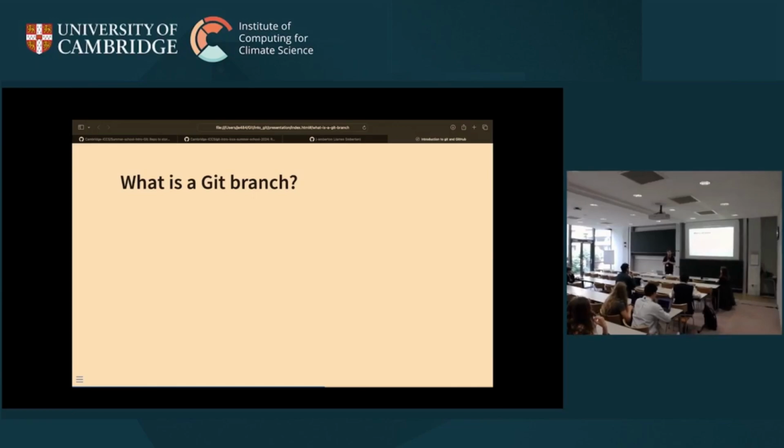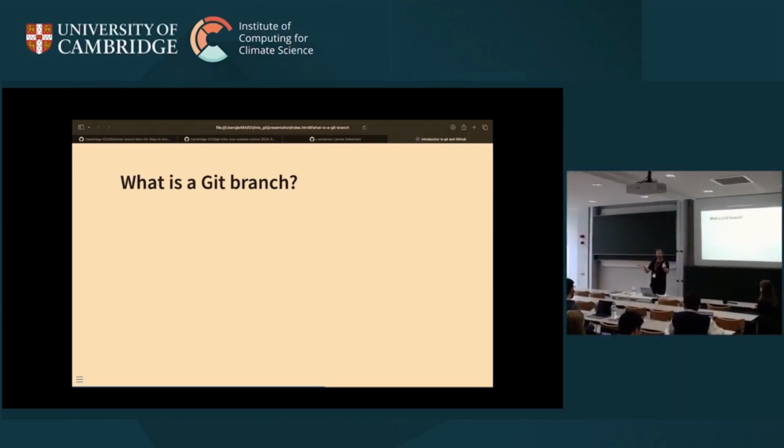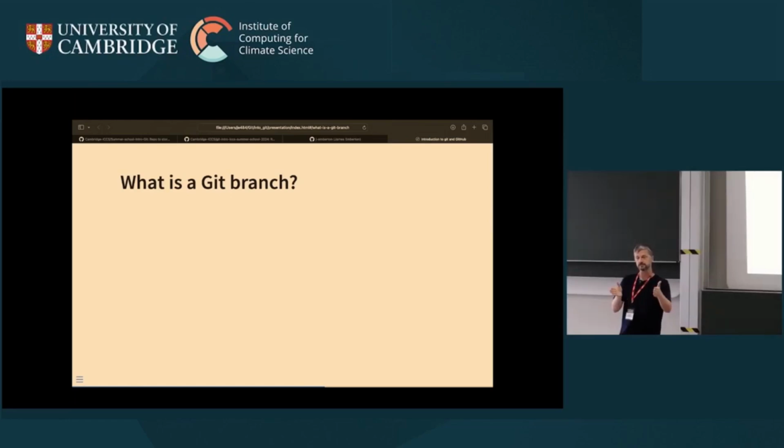But over time, you can decide to split off from that. In the same way that branches diverge from the trunk of a tree, you can start to work in parallel. So you can have multiple versions of your work at the same time. That means multiple people can work on files with the same name, making edits without actually editing each other's files.